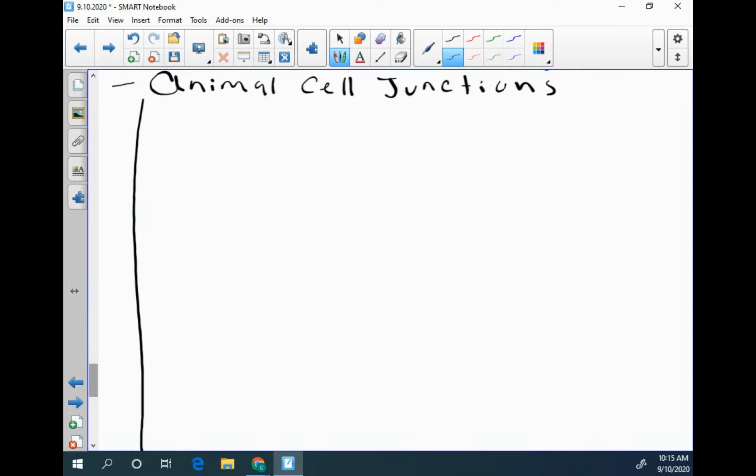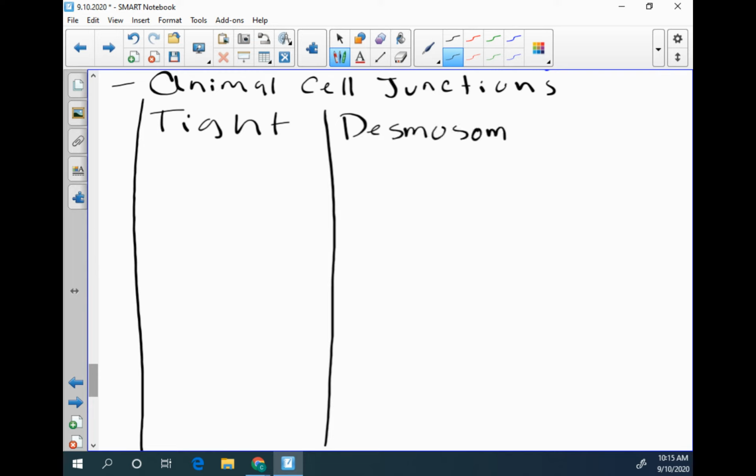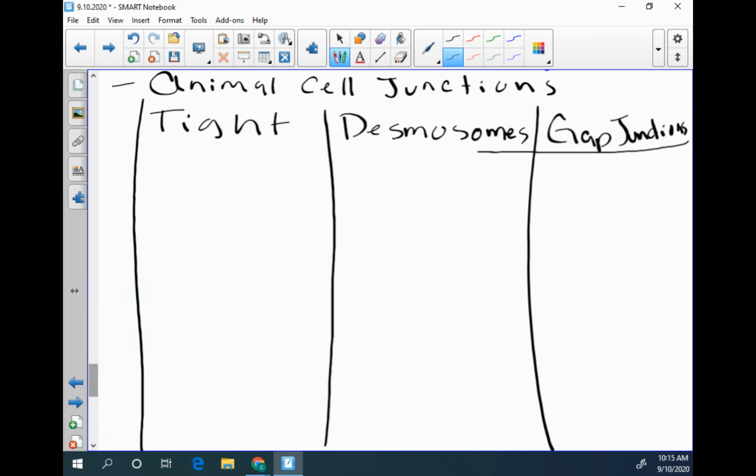They are tight junctions, desmosomes, and gap junctions. First, we are going to talk structure.